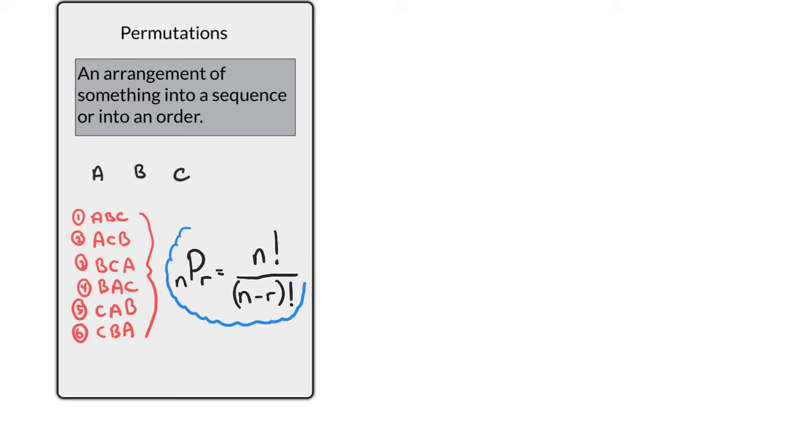Now, what do n and r stand for? Well, n would be the overall number of something we're looking at, and the r would be how many we want to put in order.